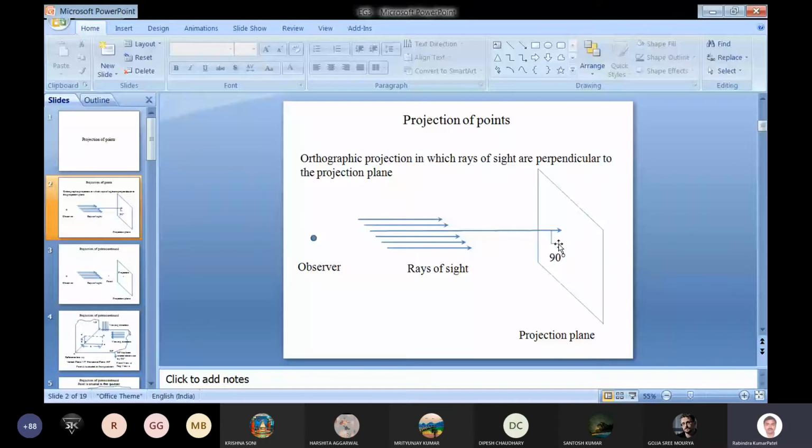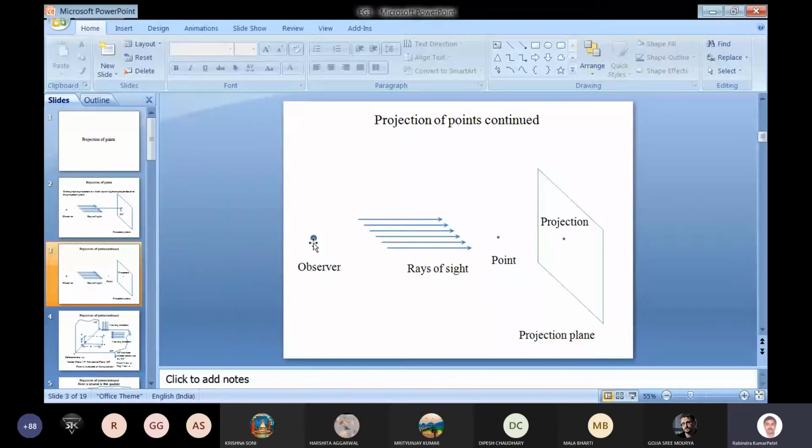The projection you get on the projection plane this way, with rays of sight falling onto the projection plane at 90 degrees, is called orthographic projection. Ortho means perpendicular. Here in this figure you can see the observer is here, the ray of sight is here, and there is a point situated at this location.